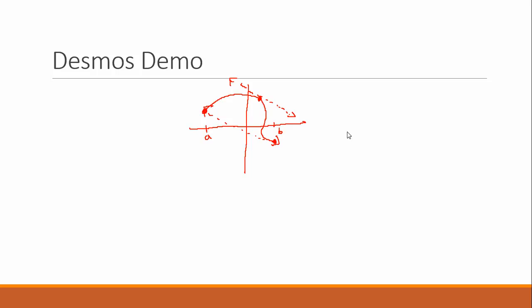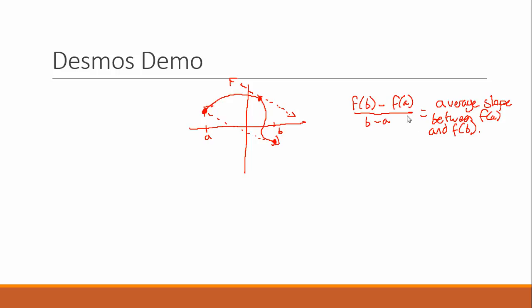Before I move on, it's really important that we remember the formula f of B minus f of A over B minus A. This is the average slope between f of A and f of B. We need to know this formula because this is what's going to enable us to solve problems with the mean value theorem.